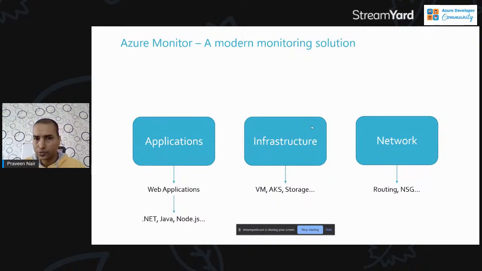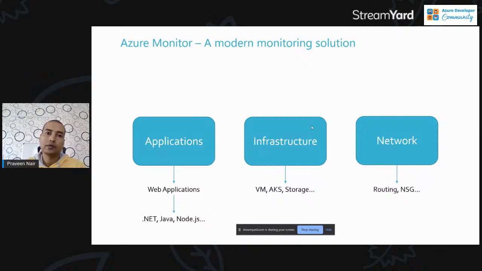Next comes the network part. Again, in the infrastructure part, you have Docker, everything is covered, which includes on-premise as well. Okay, the only problem with VMs and other third-party kind of infrastructures is you will have to install an agent, an Azure Monitor agent.